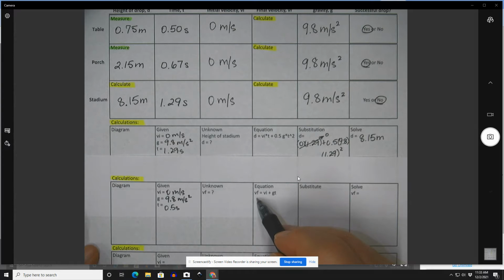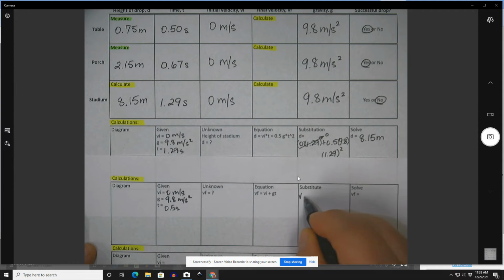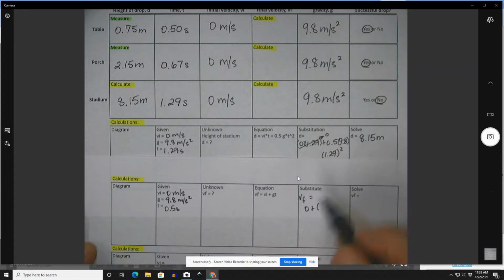Our equation that we're going to use is final velocity is equal to initial velocity plus g, acceleration of gravity, times time. Okay, so we're going to substitute our givens here into the equation. So final velocity is equal to initial velocity, which is 0, plus g, which is 9.8, times our time, which is 0.5.